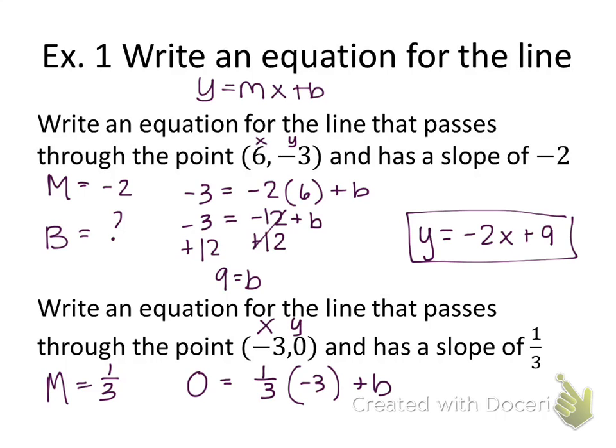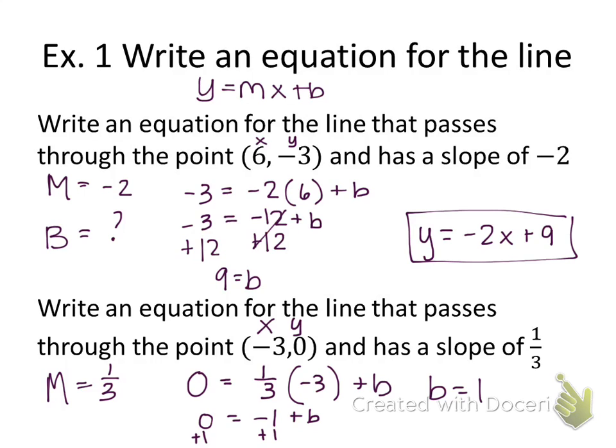If that did not come to you quickly, make sure you plug it in your calculators. Basically the 3's cancel out, and I'm left with -1. So now I have 0 equals -1 plus b. What would I do to get b by itself? Add 1, and b equals 1.